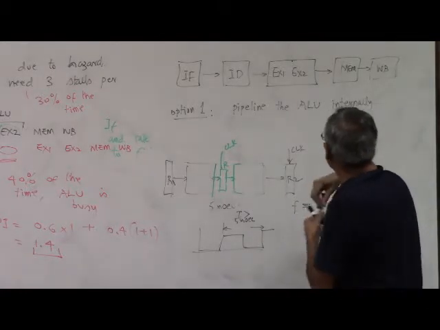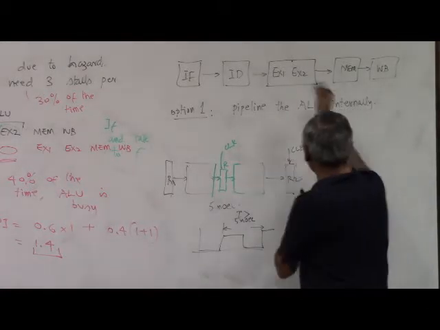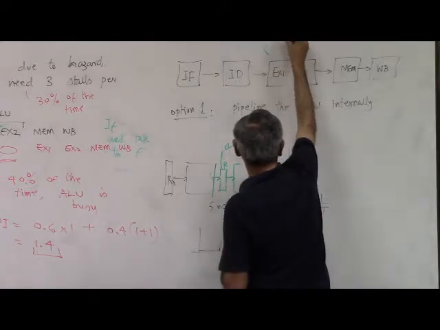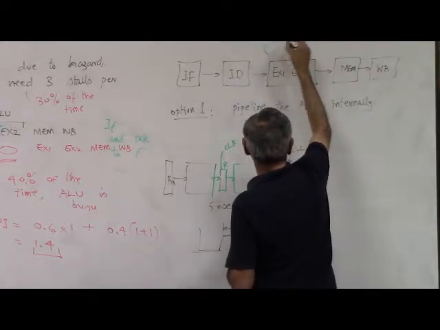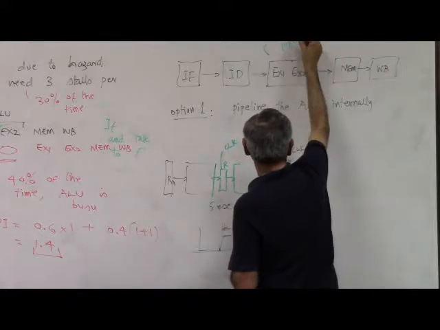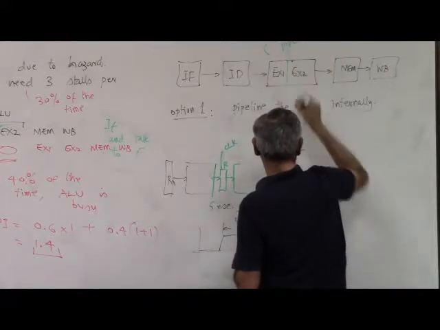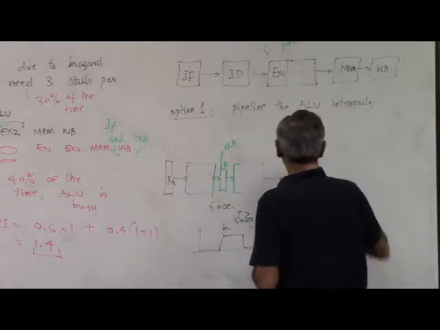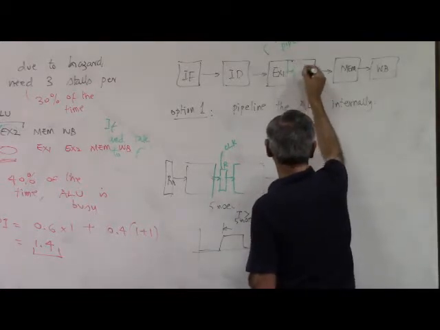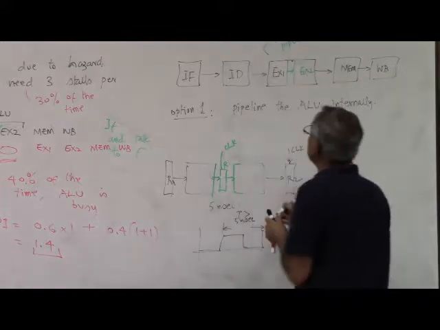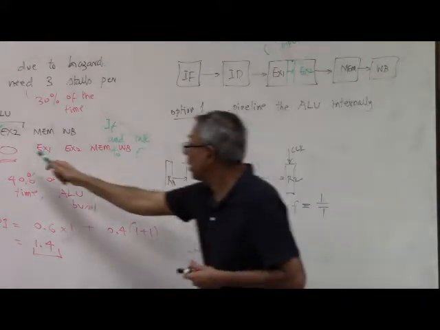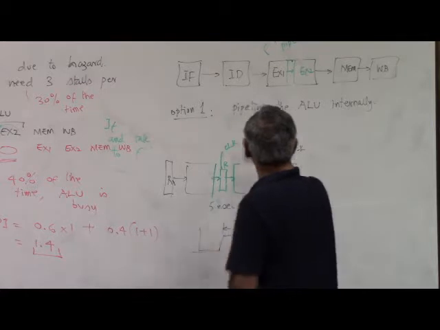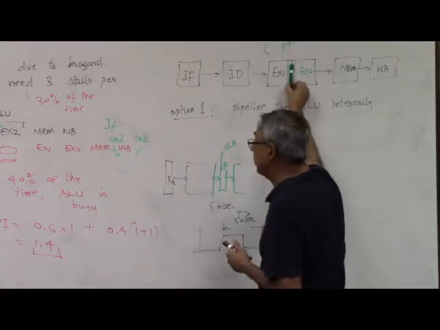So same thing over here. If we are able to internally pipeline the ALU, then we'll put something like this. So this will go into EX2. Then this is not a problem, because there's a register in between over here.